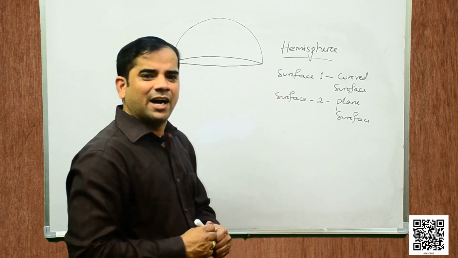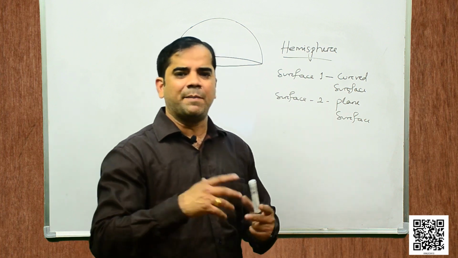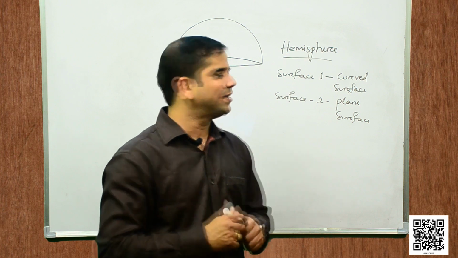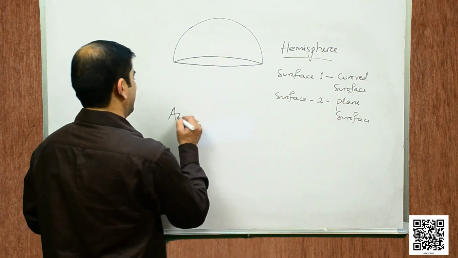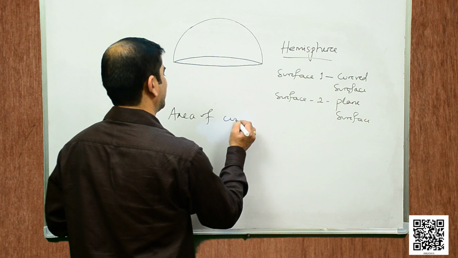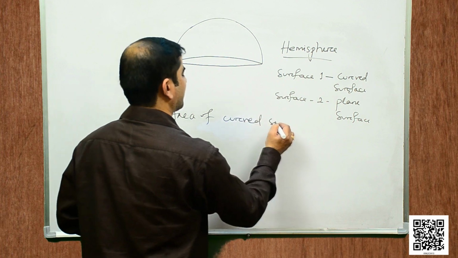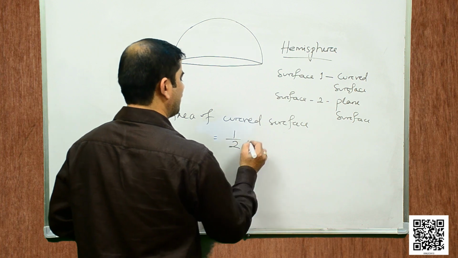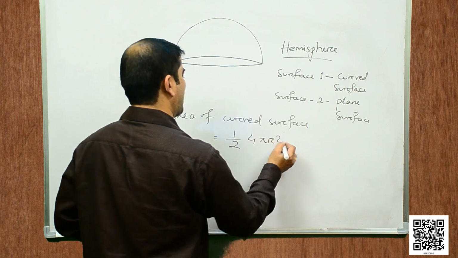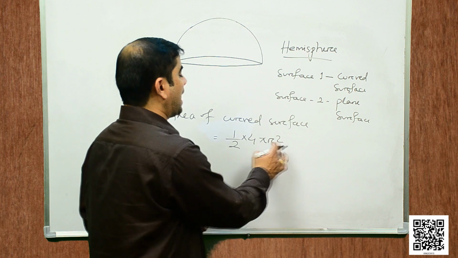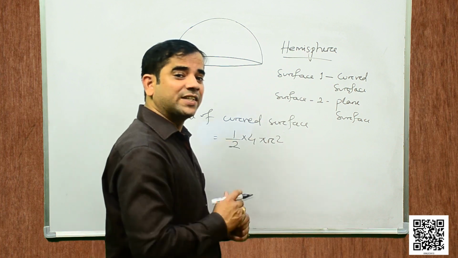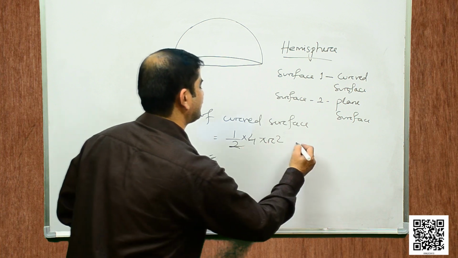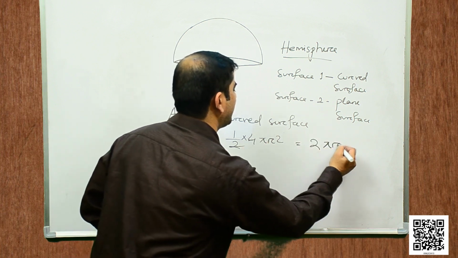The curved surface area of the hemisphere is half of the surface area of the sphere. So area of curved surface is equal to half of 4 pi r square, because 4 pi r square is the surface area of the sphere. So it is 2 pi r square.